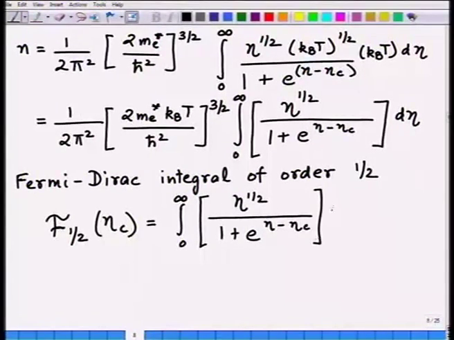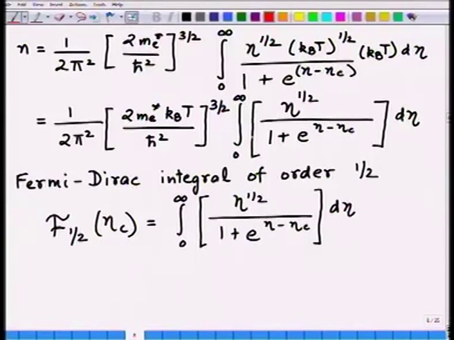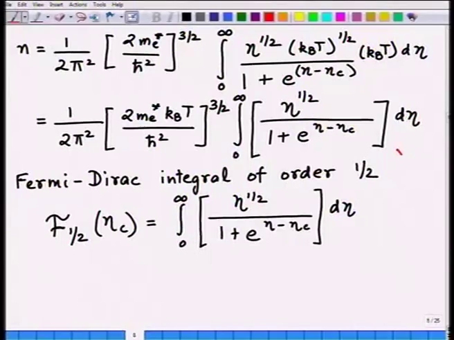So, this is a well known integral, which is tabulated in many handbooks, or you can calculate it numerically. The point is that this integration does not have an analytical solution. You cannot analytically write down this integral, but we do have it as a standard. It has a standard name called Fermi-Dirac integral of order half.